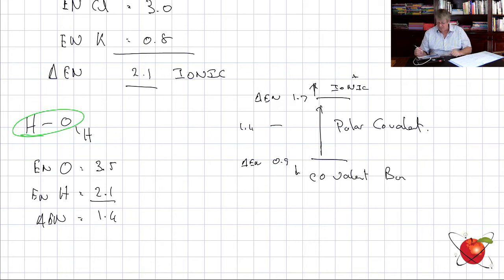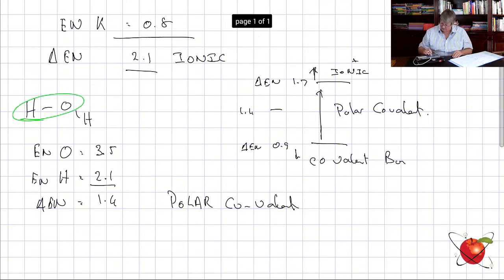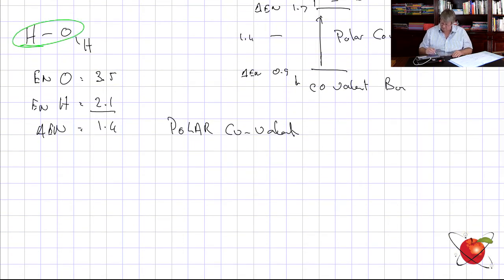Right? If it's there, it means we are polar covalent. And what happens in a polar covalent molecule? You've got O, the H and the H, all right?